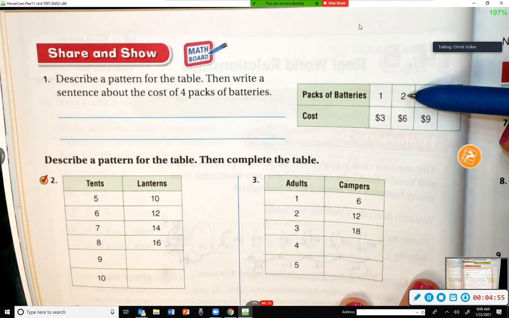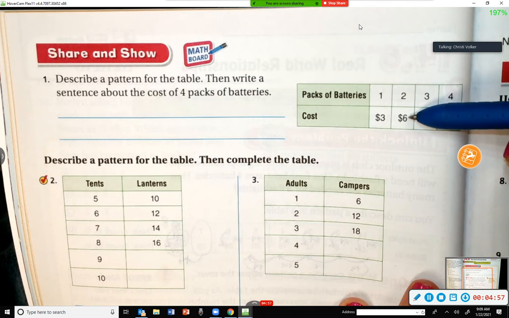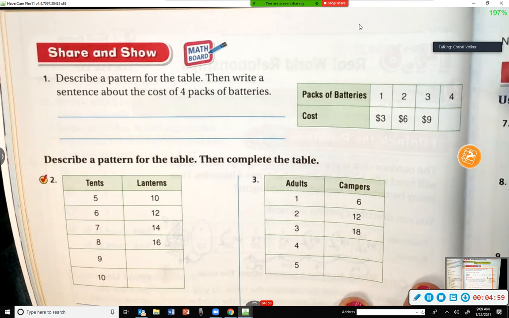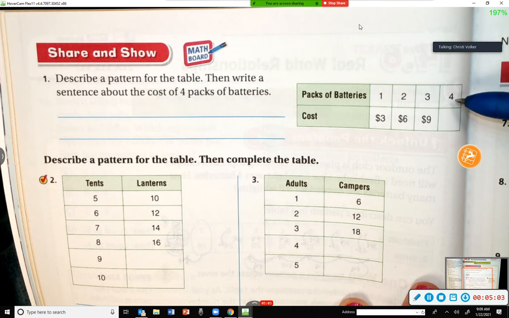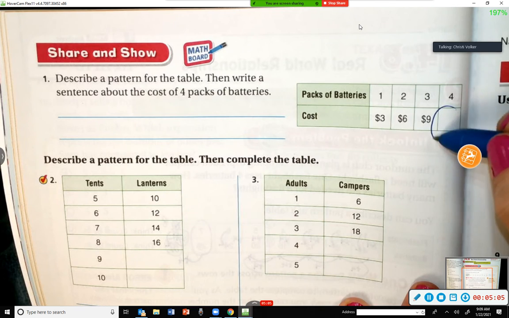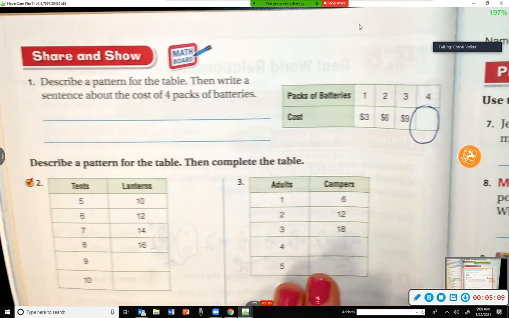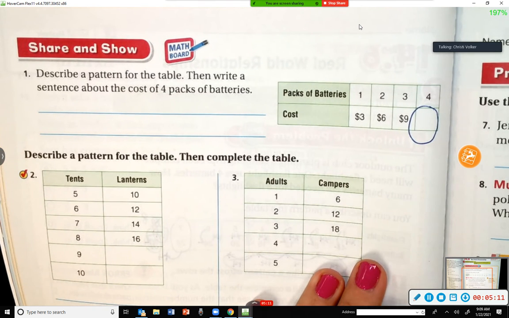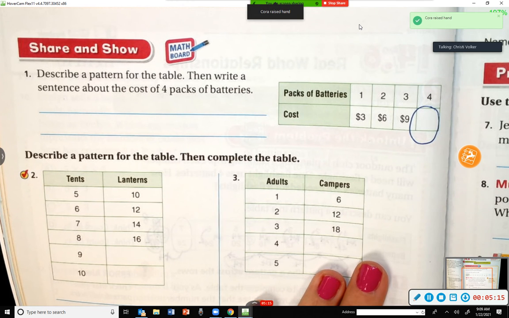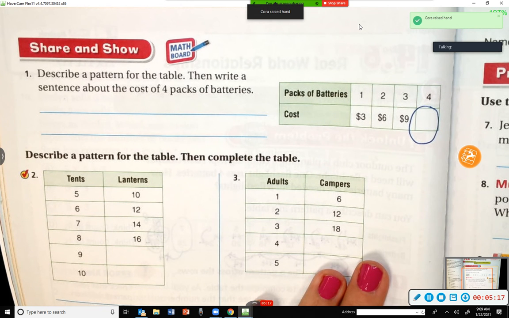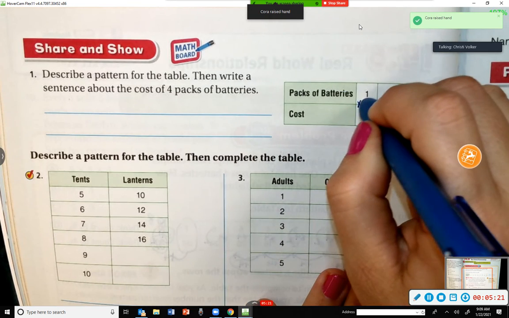For 2 packs of batteries, it costs $6. For 3 packs of batteries, it costs $9. So how are we going to figure out this missing number? Who can figure out the pattern? What's happening? Aaliyah? Multiply by 3. Very good. And how did you know it was multiplying by 3? 1 times 3 equals 3. Good.